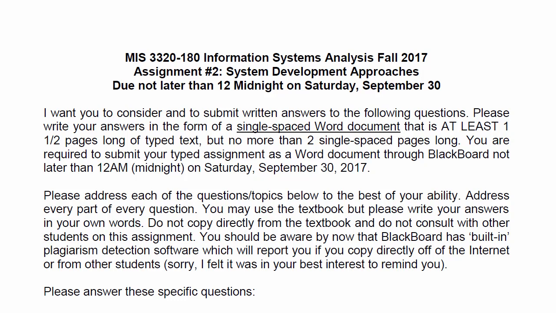Assignment 2 is due as a submitted Word electronic file through Blackboard not later than 12 midnight on Saturday, September 30th.